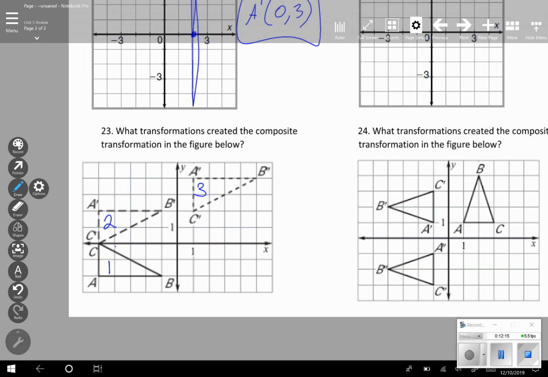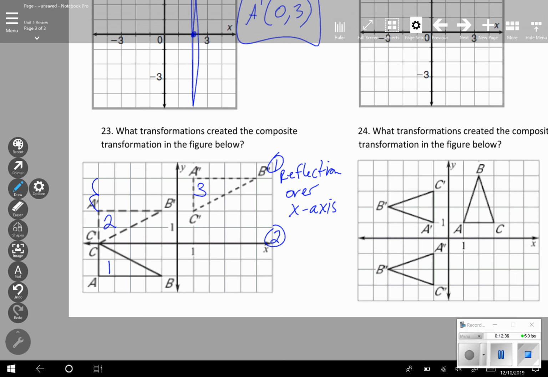So from 1 to 2, well, we see we flipped it. So that is a reflection over the x-axis. Okay, that's number 1. Reflection over the x-axis. And then number 2, well, how do we go from picture 2 to picture 3? Well, we slid it.